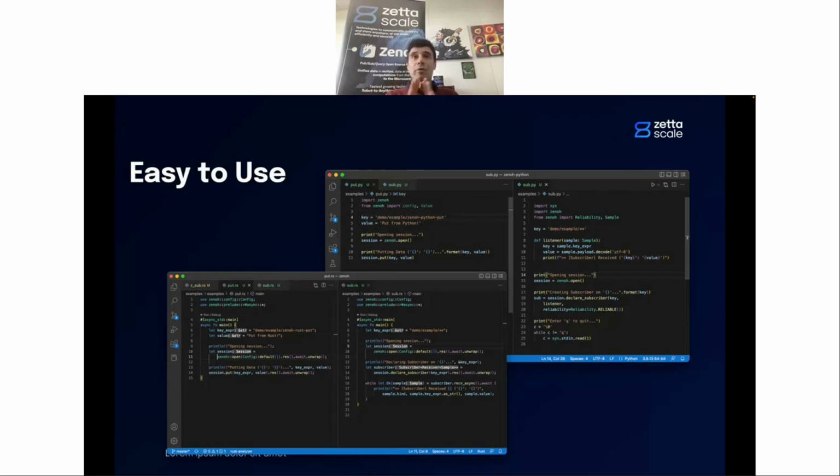There is no strange code. It is precisely the same code that we teach you to write in our tutorial. So you don't need to play any strange trick or write code that is hard to understand or to maintain. You write regular Zenoh code and you get the performance that we advertise. And this is super important because you shouldn't do contortions to get performance. Performance should come from a good implementation, which is what we do.